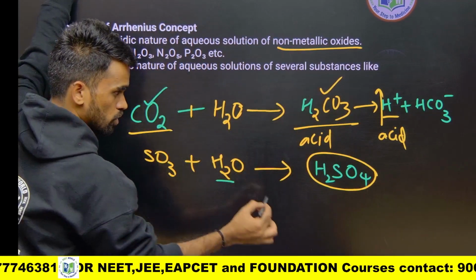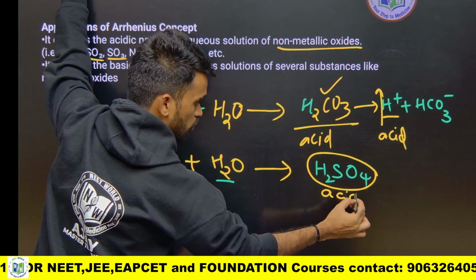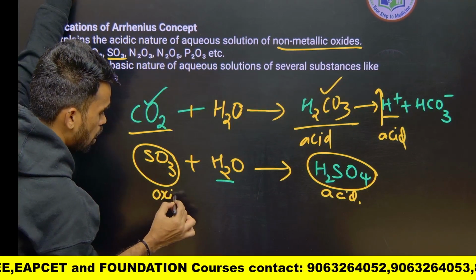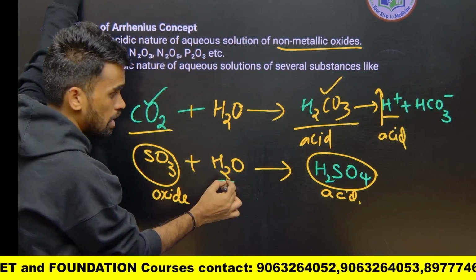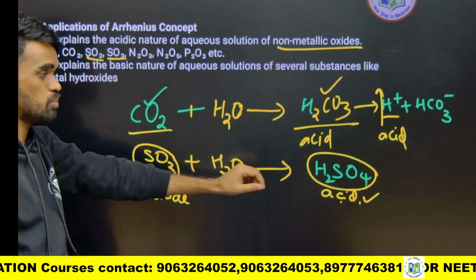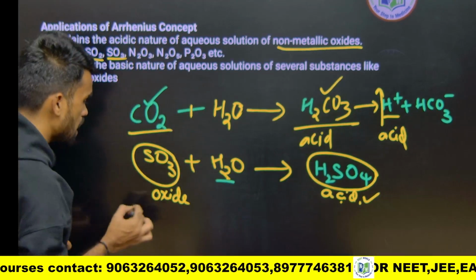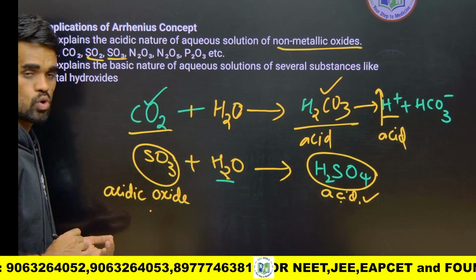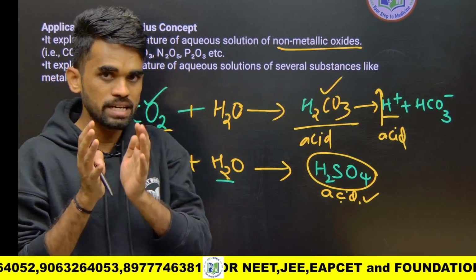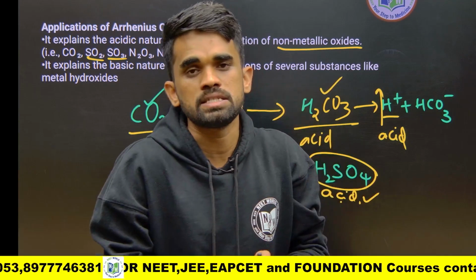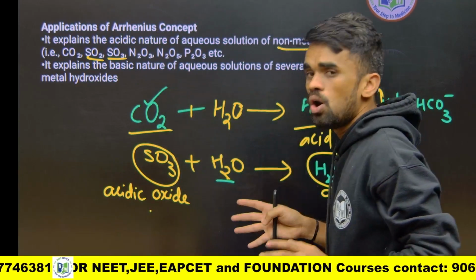Therefore, whenever we add an oxide to water, if the resultant product is an acid, we can call this an acidic oxide. Hope it is clear, no? So acidic oxides upon hydrolysis form oxo acids. So these are called oxo acids.